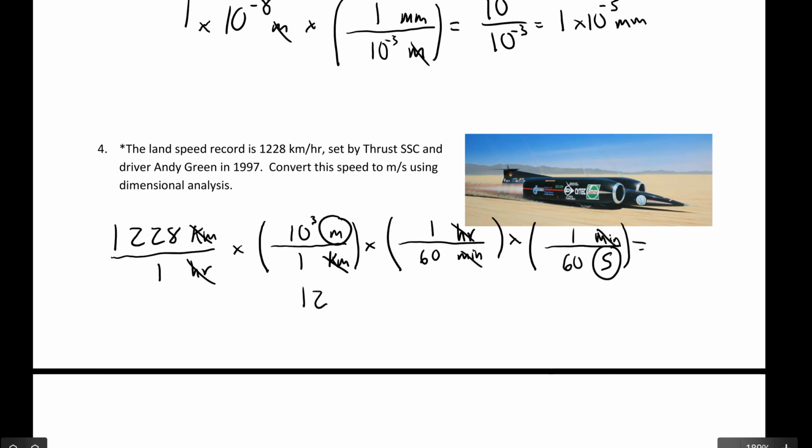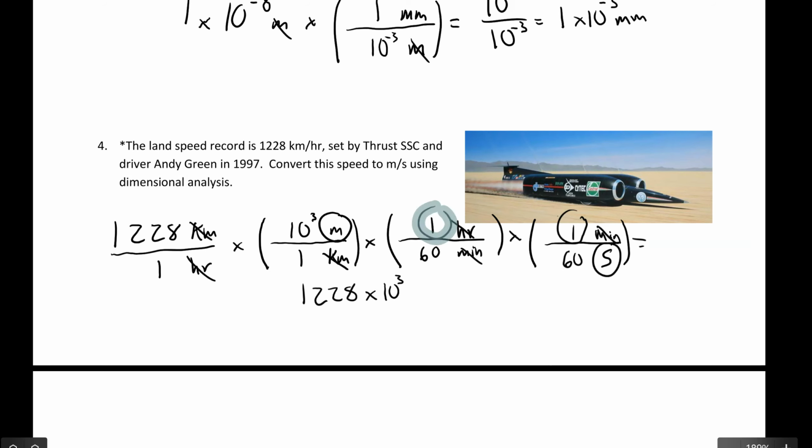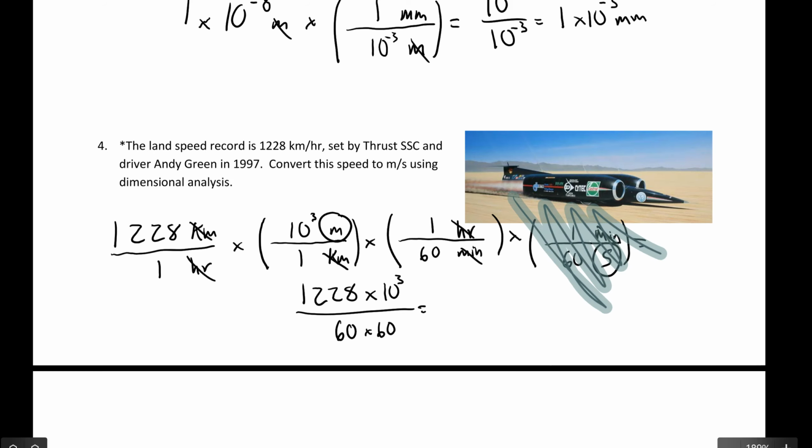So 1,228 times 10 to the third times 1 times 1. So we don't have to write that. And then on the bottom, we'll have 1 times 1 times 60 times 60. So 60 times 60, which is 3,600. So if you wanted to write 3,600 seconds right here, and then you wouldn't have to write that part, you could totally do it that way.